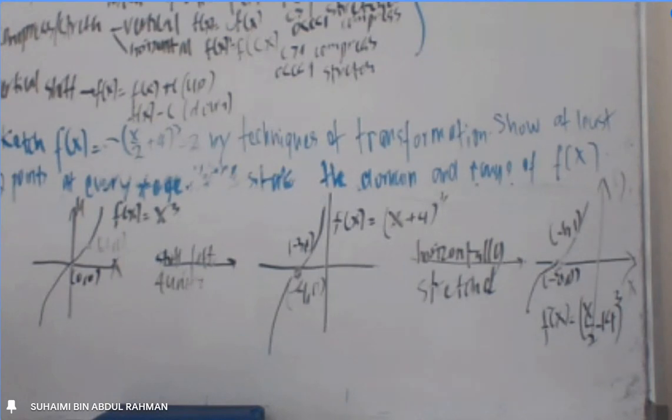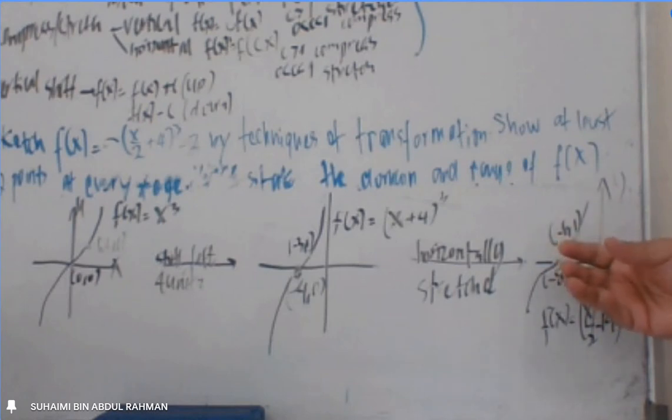Reflection. Is that we have reflections here? Yes. And reflections about what? X axis or Y axis? X axis. Therefore, this will reflect about the X axis.